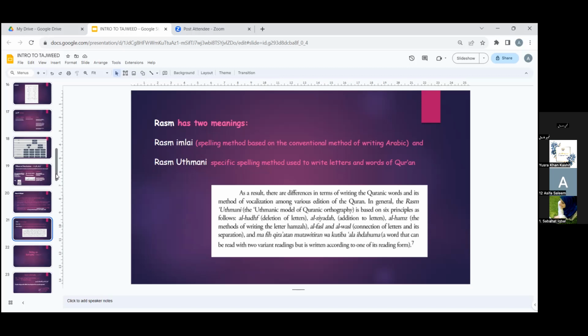This is not the case. When I say Rasm Uthmani, it means that this rasm was authorized and approved by the third Caliph Uthman bin Affan radiallahu ta'ala anhu, who was a Sahabi of the Rasul sallallahu alayhi wasallam. That's what it means. It has nothing to do with the Turks or the Turkish Caliphate.